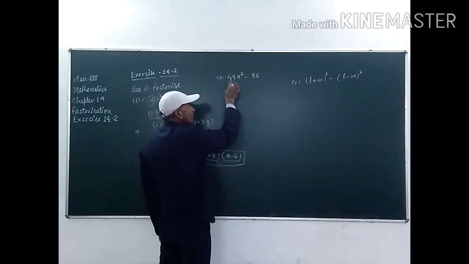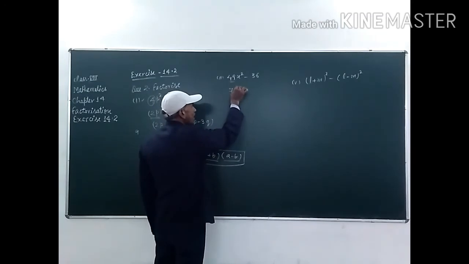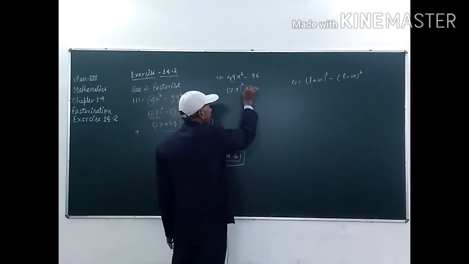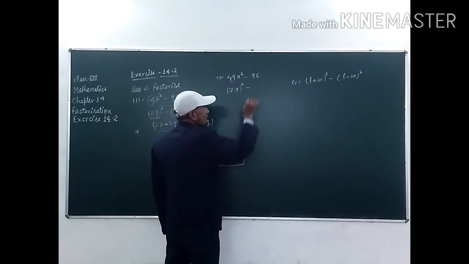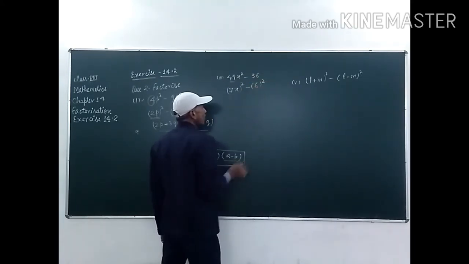So, square root of 49 is 7, students, 7 into 7 is 49, and x, this one whole square, 7x whole square, it means 7 7 are 49 and x into x is x square, minus 36. 36 is square of 6, so we have to write here 6 whole square.